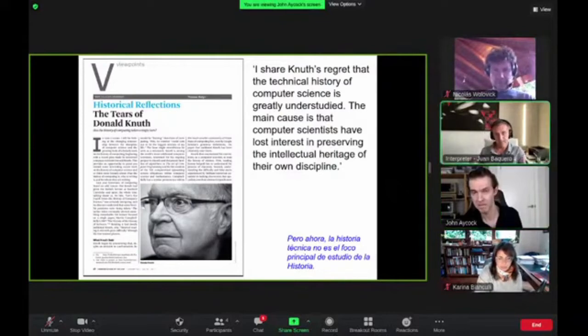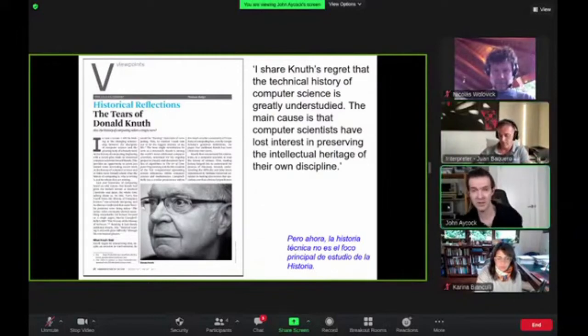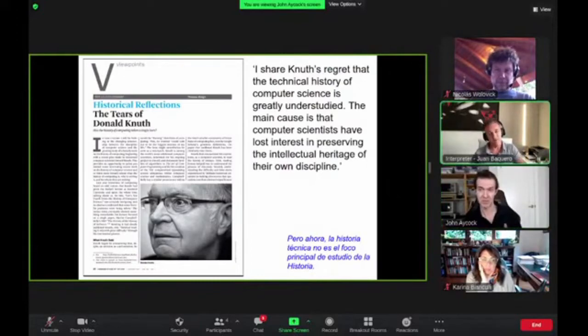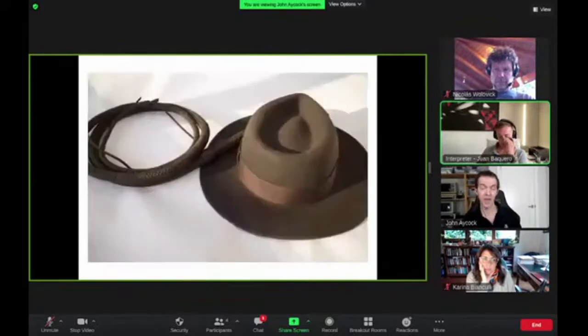Computer science is always busy glorifying new things at the expense of studying old things. But if history has moved away from technical history, where does that leave me?